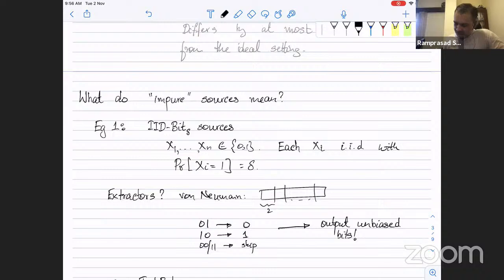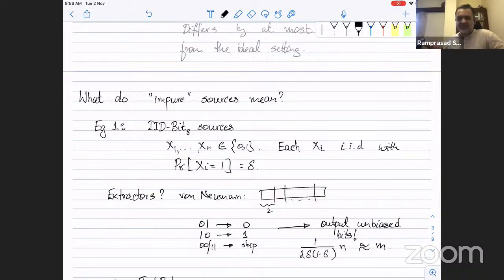It's going to be 2 delta times (1 minus delta). So roughly every 1 over 2 delta (1 minus delta) trials, on expectation, is what I need to get into one of these two situations. And when that happens, I output a bit. So the total number of bits outputted is roughly this, on expectation, of course.